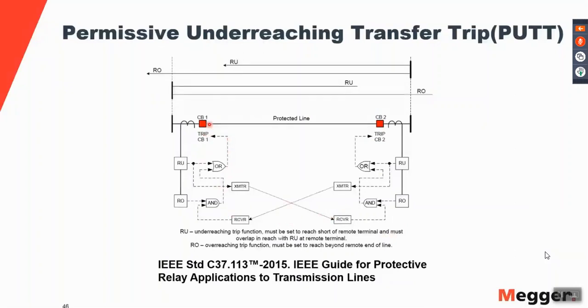Now, this guy will send the command or the signal immediately as it sees the fault and trips. So the signal will reach this guy. He will say, okay, I have your permission. Do I see it? Yes. And I trip. Okay. It's going to have a similar effect to the scheme before. The difference is that this guy has to see the fault. It's not like the other one where there was no permission.